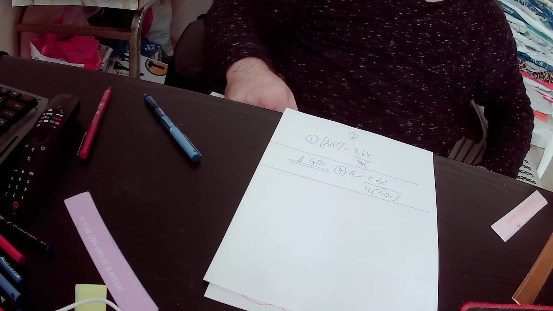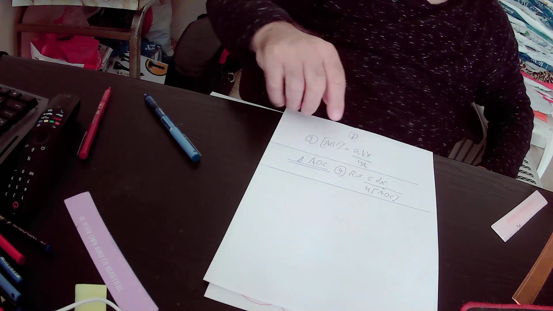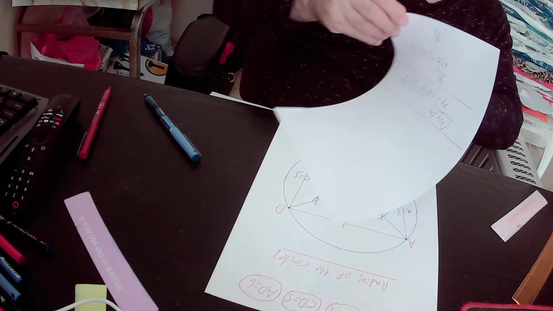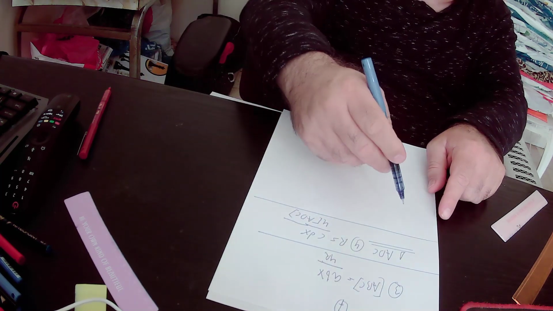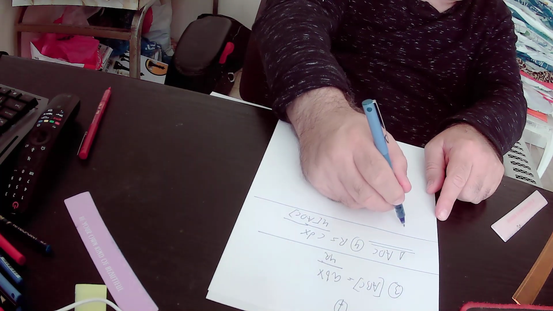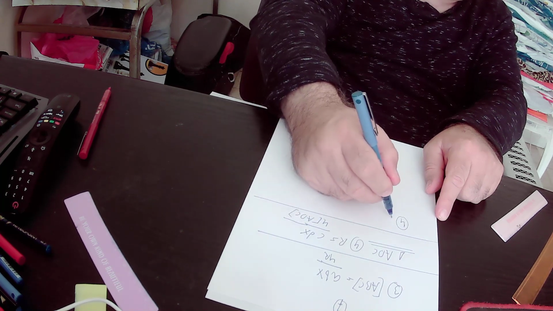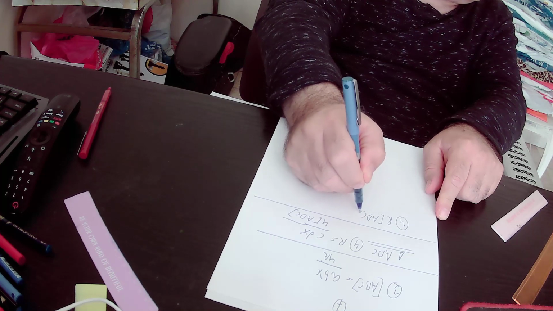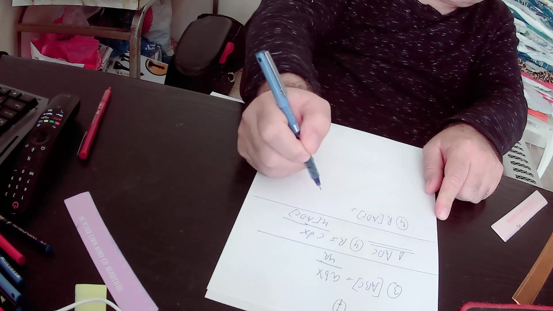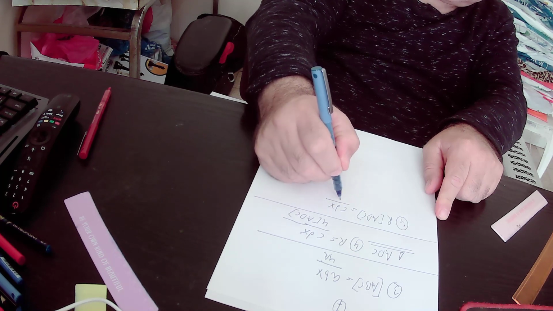So here we will multiply equation number 4 by the area of triangle ADC, and we will get that R times the area of triangle ADC equals CDX over 4.